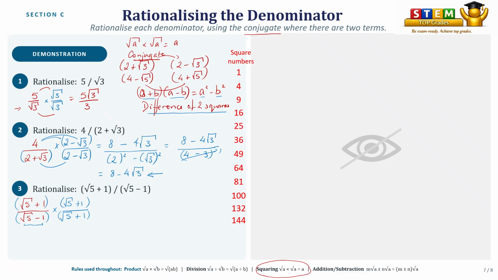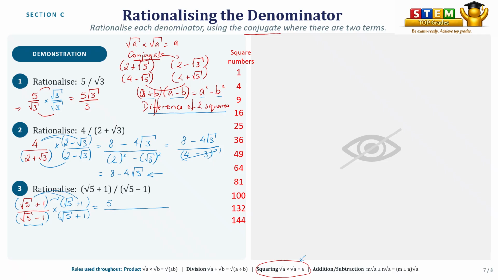So we're going to multiply these two together, top times top, or numerator times numerator. Let's start with the multiplication, expanding the brackets. So root 5 times root 5, this is, remember, the squaring of surds. So square root times square root cancel out, so we end up with a 5.